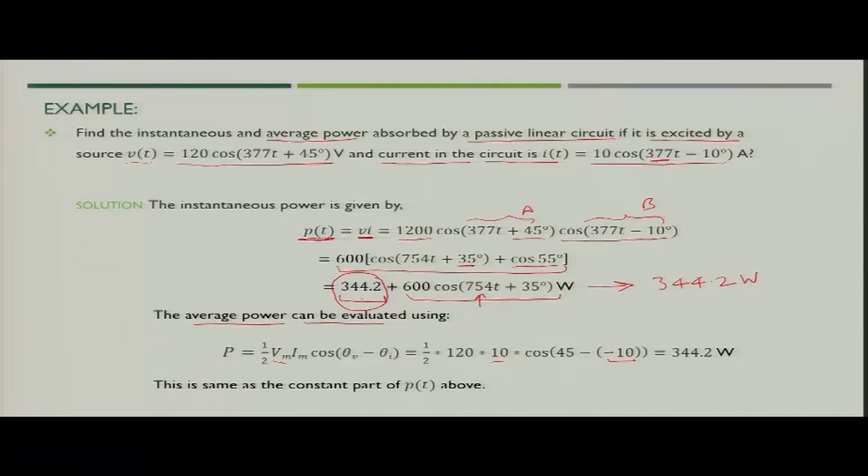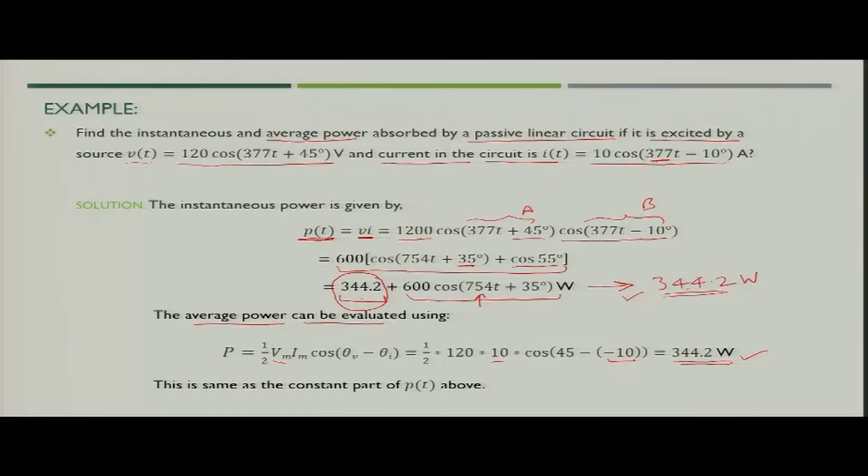If you simplify, you will get the same value we saw in the instantaneous power calculation. So the average power calculated from the formula and from the constant term of instantaneous power are both the same. You can verify the values.